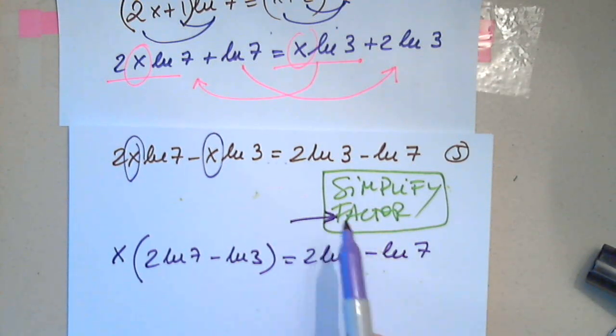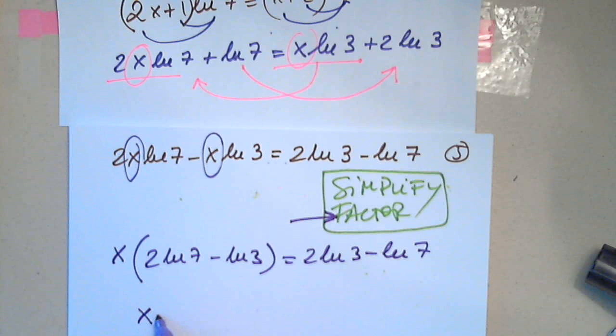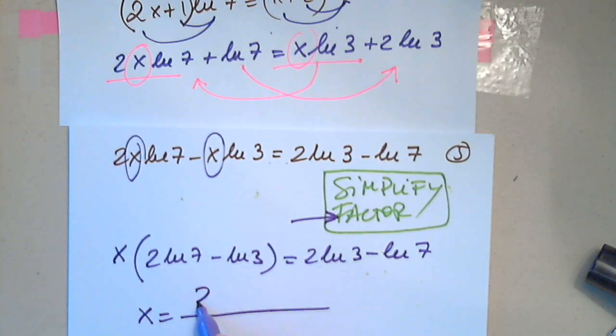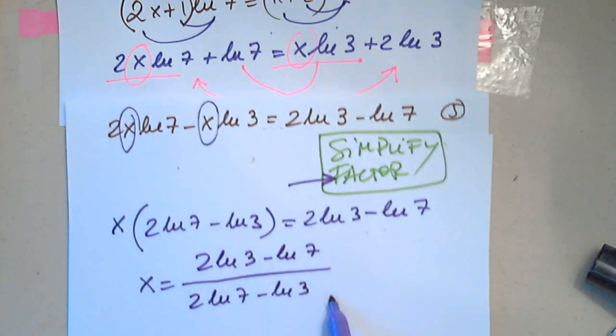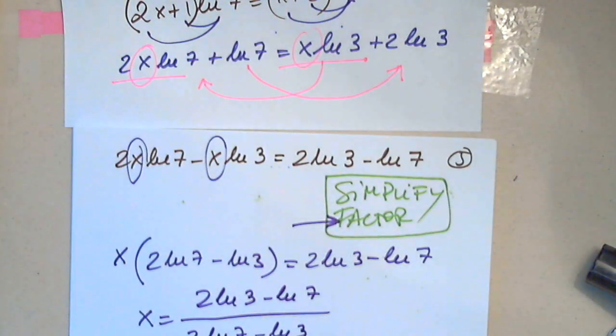So yes, I have to factor out what I'm solving for, which is x in this case. Yes, 2 natural log 3 minus natural log 7, over 2 natural log 7 minus natural log 3. And this is final.